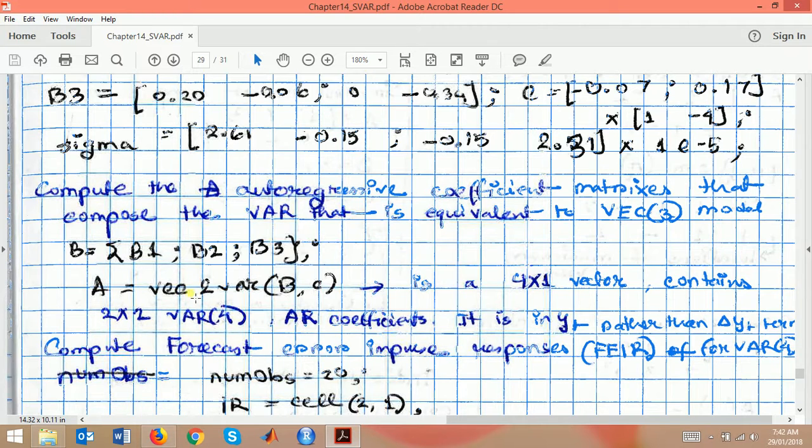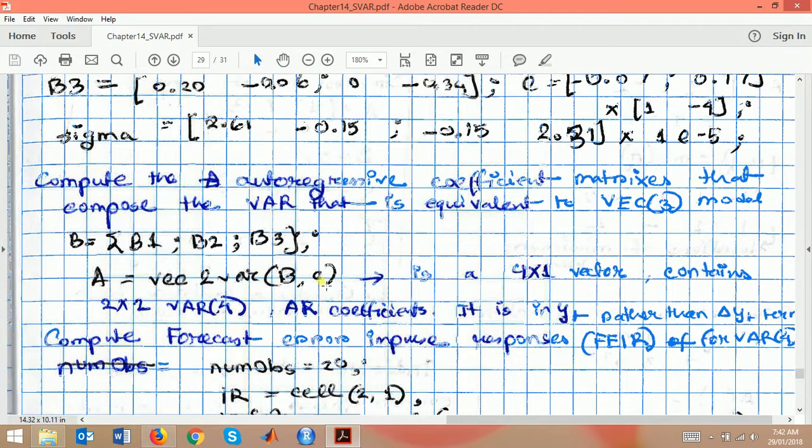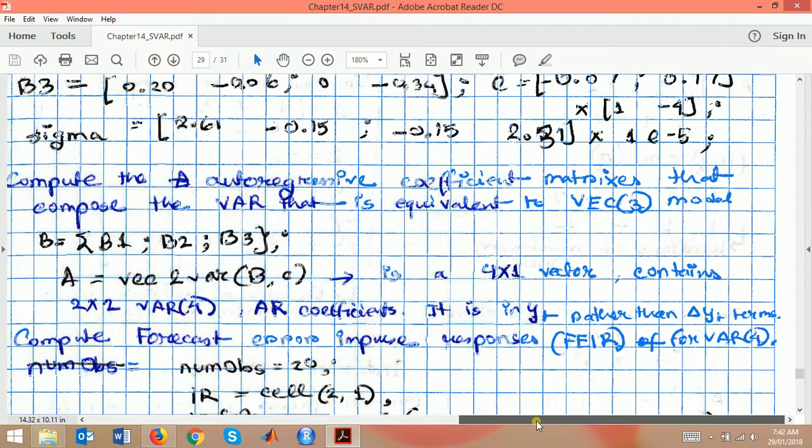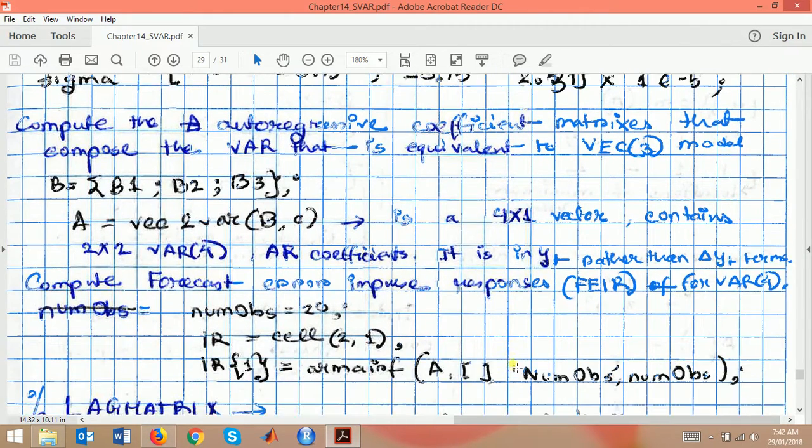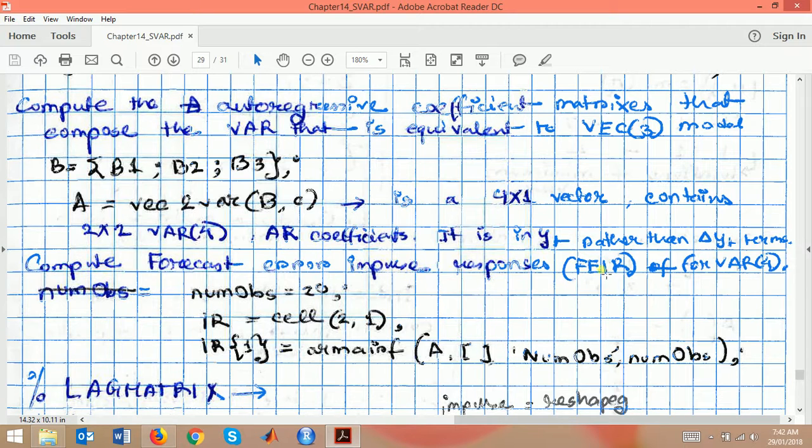I'm converting a vector error correction model to VAR. The coefficients are in yt rather than delta yt terms. Compute the forecast error impulse response on VAR 4.